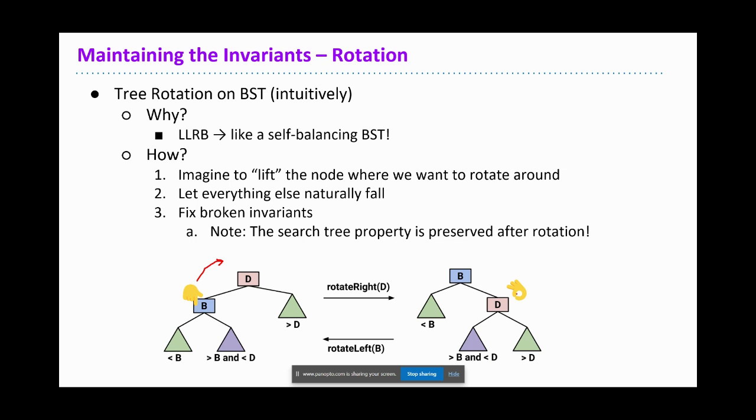If we're rotating left, maybe we would pick up D, and we'll pull it to the top, and then B would go down. You'll notice this purple node has to be adjusted on which side it goes to. You can practice this on your own with certain numbers, and you'll notice that this general tree structure will be true every single time. Okay, so this is just some intuition, so I will move on from this quite quickly.